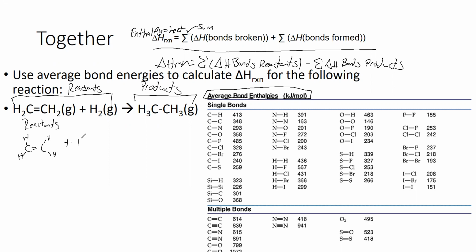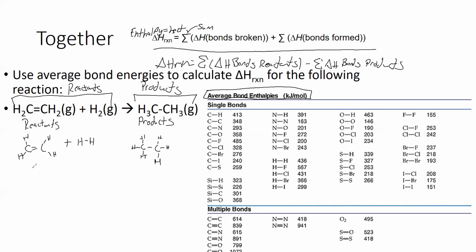Then my second Lewis structure is hydrogen, which looks like that. So that's my molecules on the reactant side. Let's do that for the products. So I draw my Lewis structures.